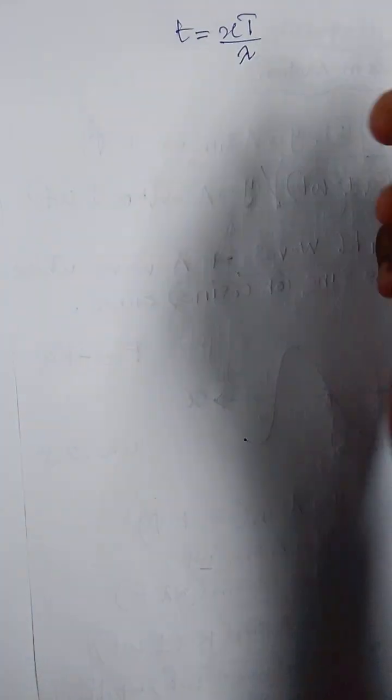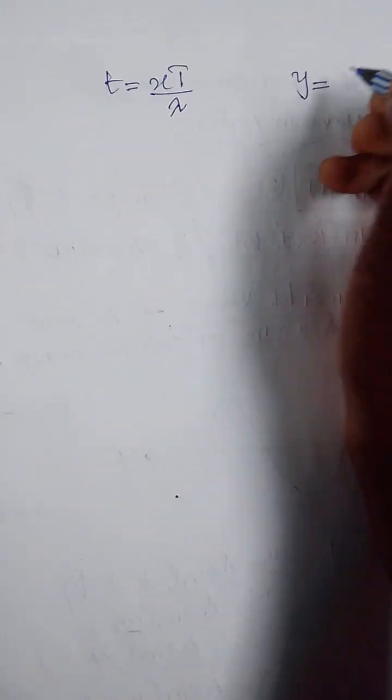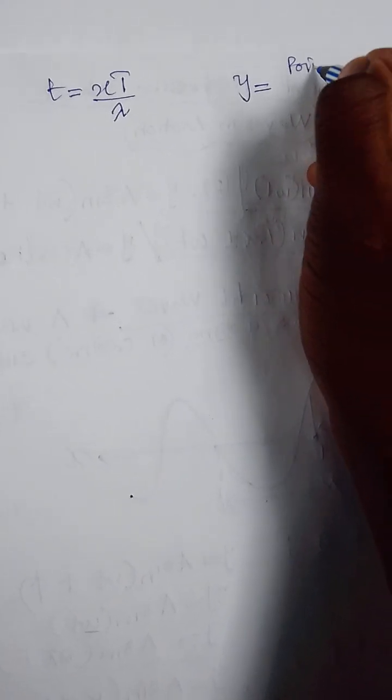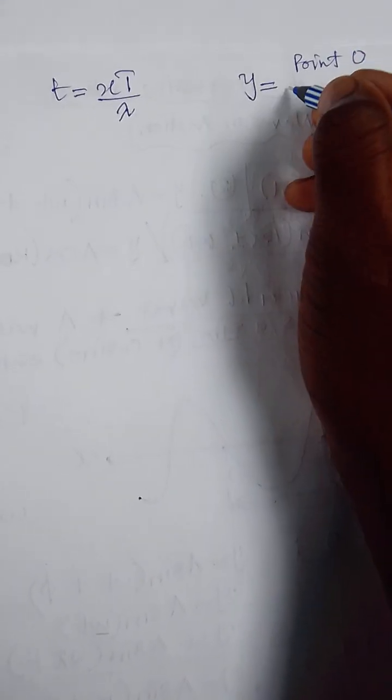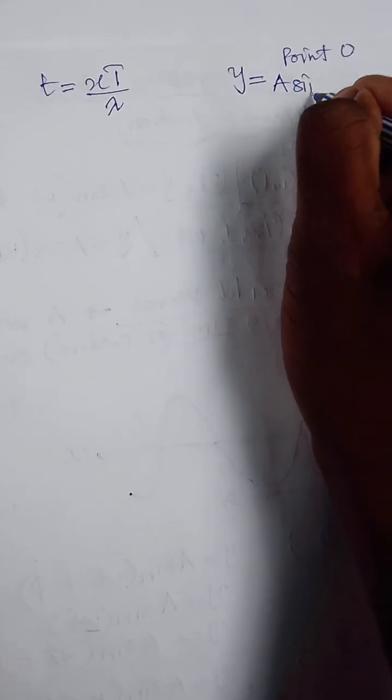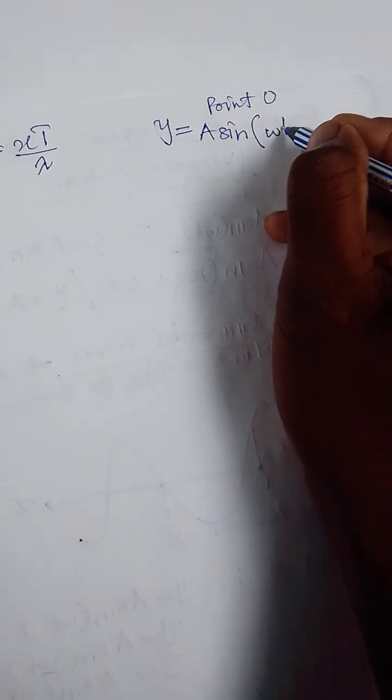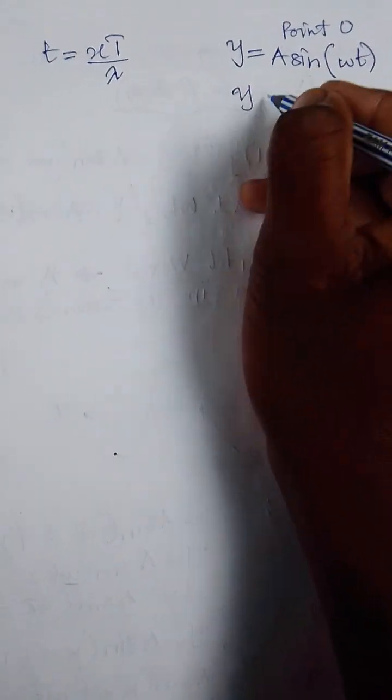Now I should substitute in the equation I got for point O, which is a sine wt.